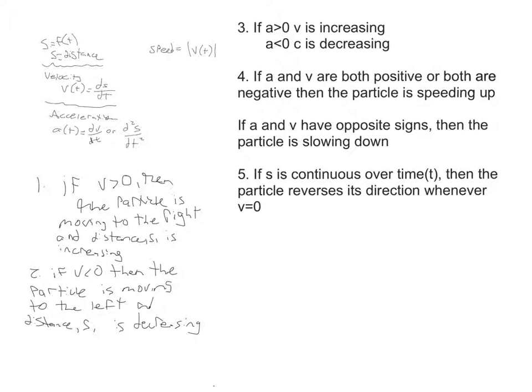But there's a few instances that I've seen in my experience where the velocity does indeed equal 0, so you think, oh, it changes direction. No, when you investigate it graphically, analytically, you find out that the particle paused for a second, don't know why, and then it continued on in its same path. So take this statement here, reverses direction, with a little grain of salt, if you will.